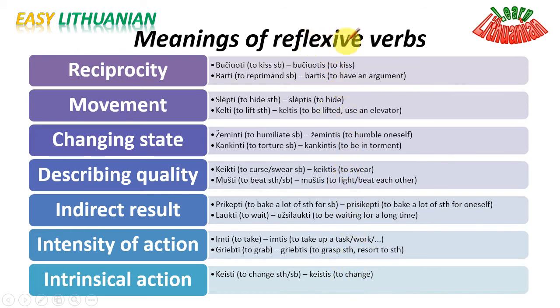Well, first of all, it's not only I do something for myself. It also means reciprocity, that two people are doing the same action, or they are involved in one action, I could say. For example, bučiuoti, to kiss somebody, barti, to reprimand somebody, or to lecture somebody, to moralize.